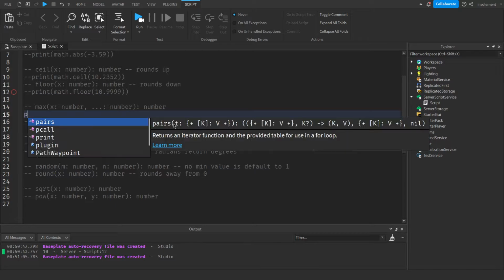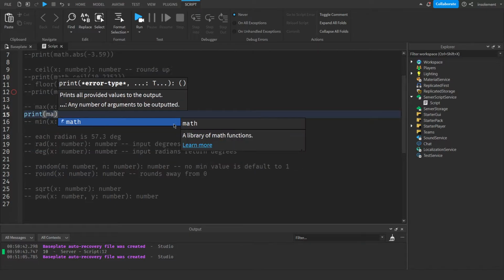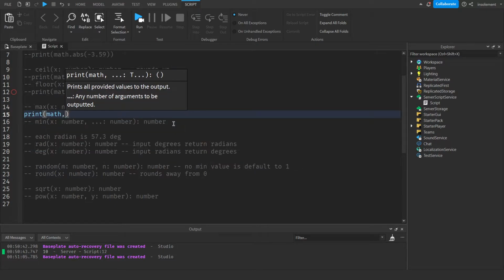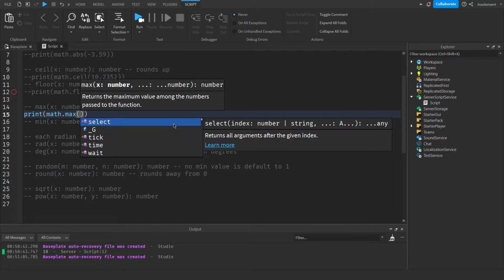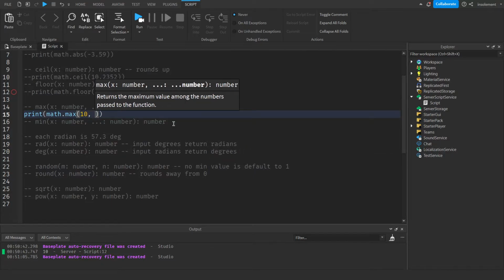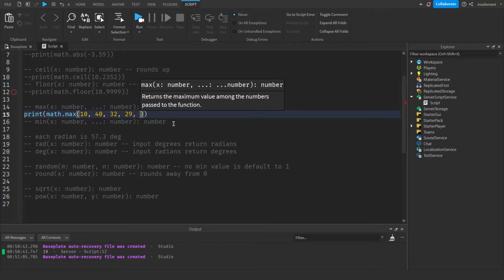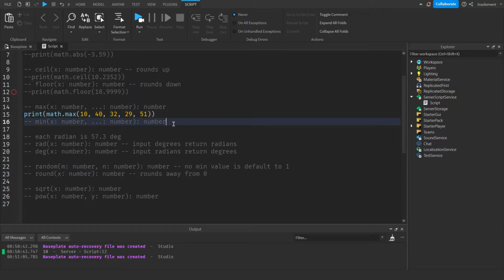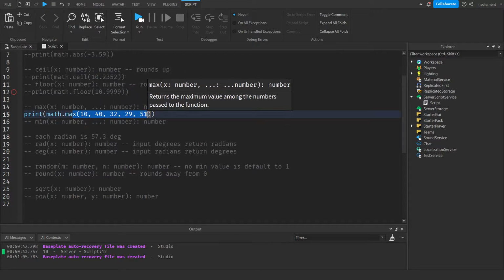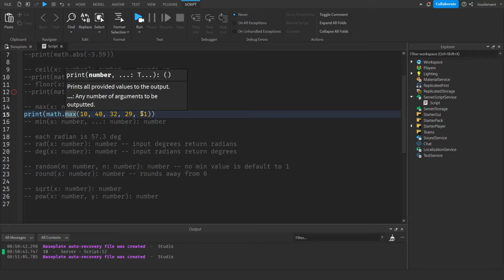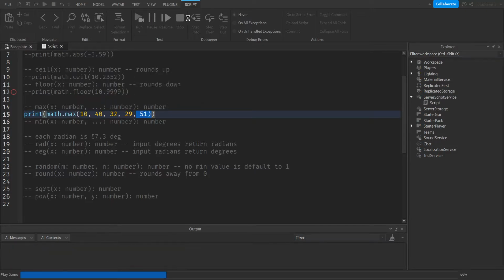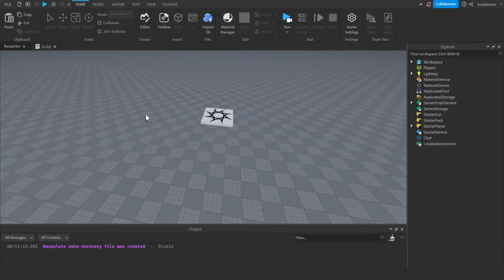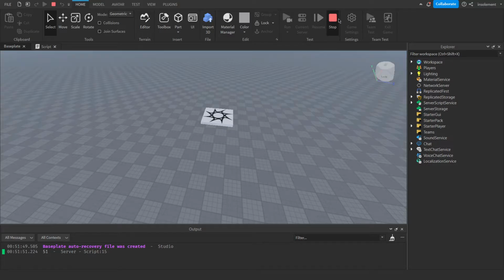So if we were to print math.max and did like 10, 40, 32, 29, 51, it would print 51 because out of all these numbers here, 51 is the largest. So yeah, 51.